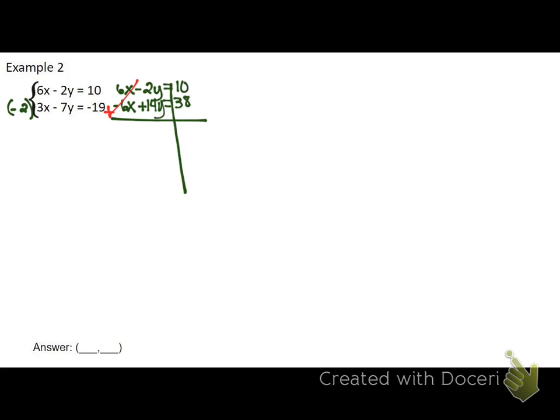Yeah, 12 what? Don't forget your variable. 12y. Okay. And then we just have 10 plus 38. Do you understand where I got that 10 plus 38? 48. Okay. You divide by 12, and you get 4.